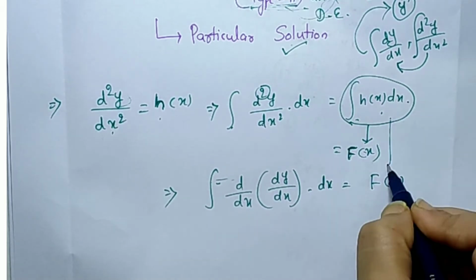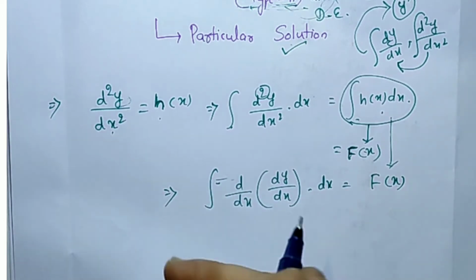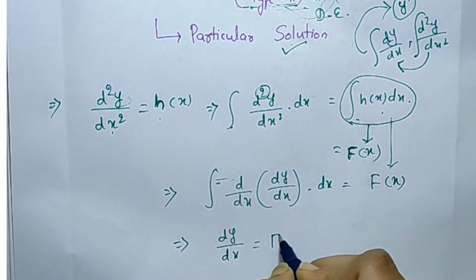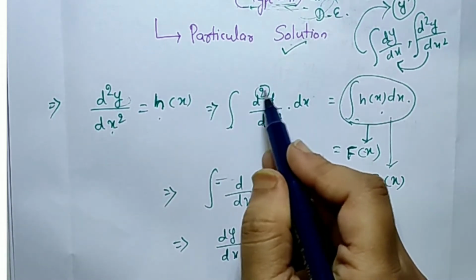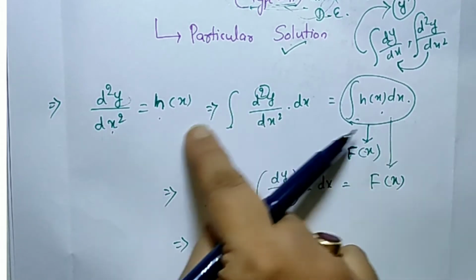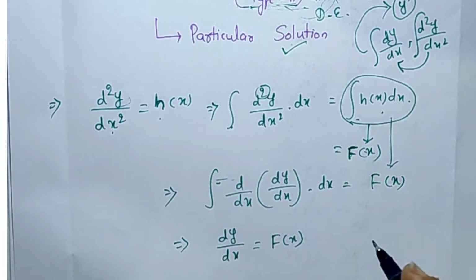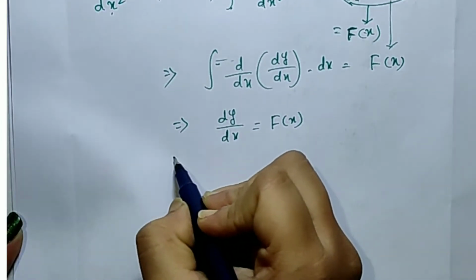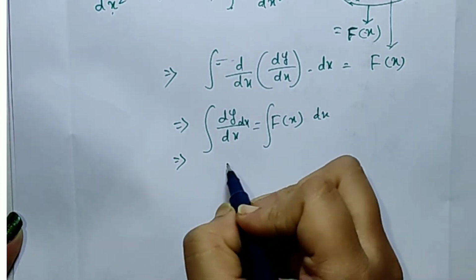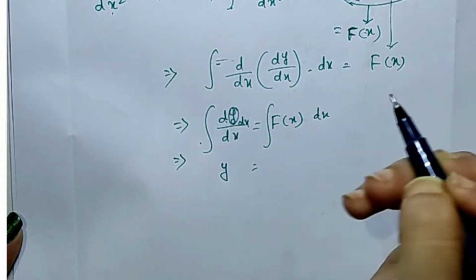Now integration and derivative cancel out, and I have only dy by dx equal to F(x). In short, if we integrate a second order derivative once, we find dy by dx. But we need y. So again we have to integrate both sides, and the integration and derivative cancel out, so we have y.